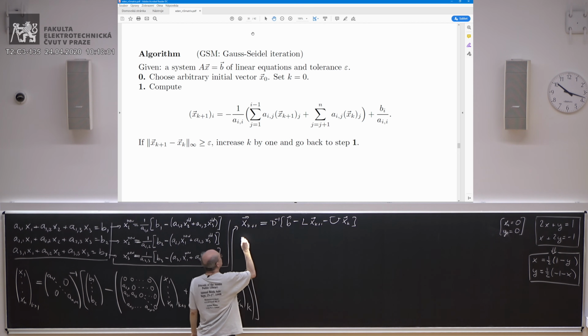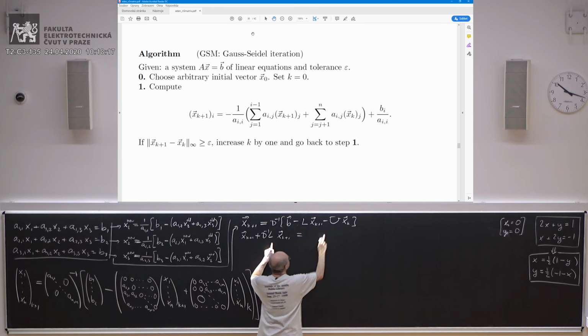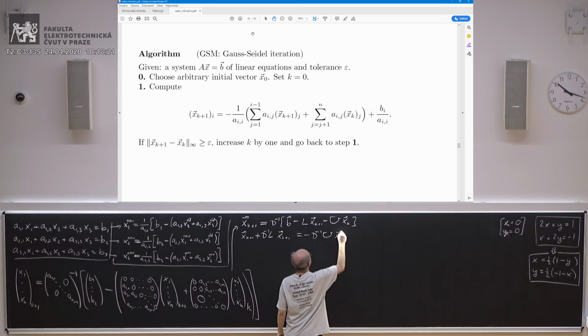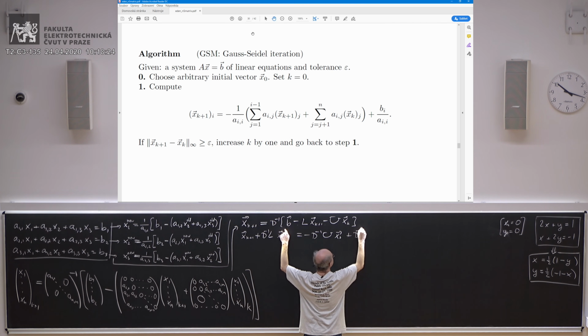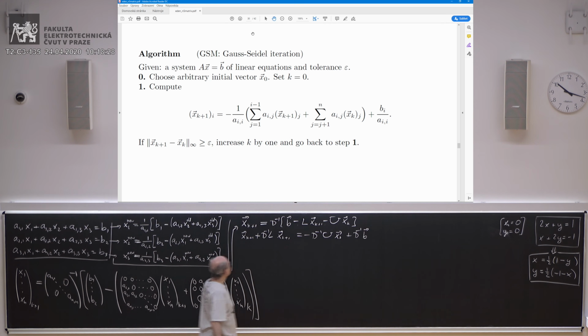So it will be xk plus 1, but this becomes plus, D inverse L xk plus 1 is equal to minus D inverse U xk plus D inverse b. And this form is not exactly pleasant.